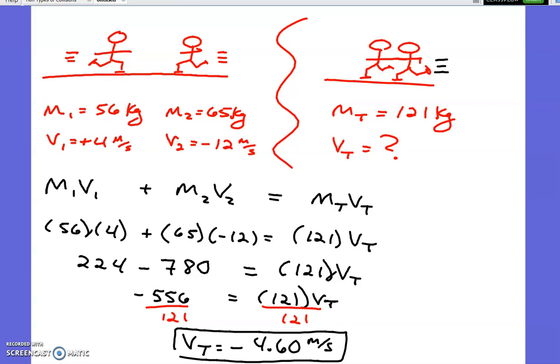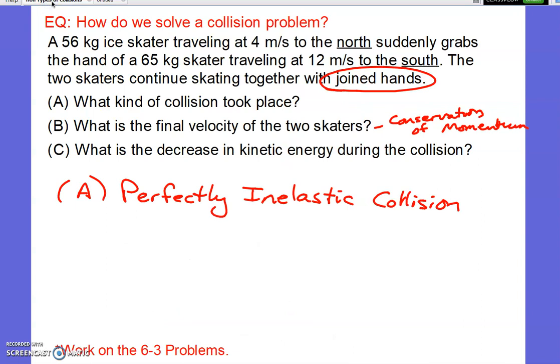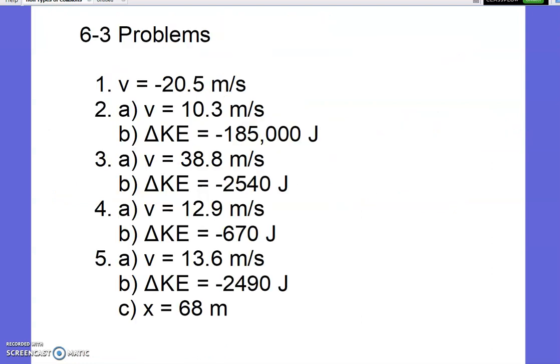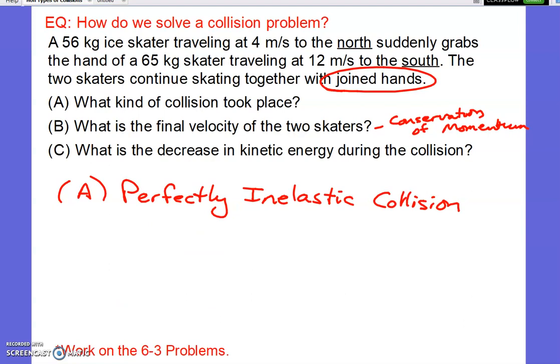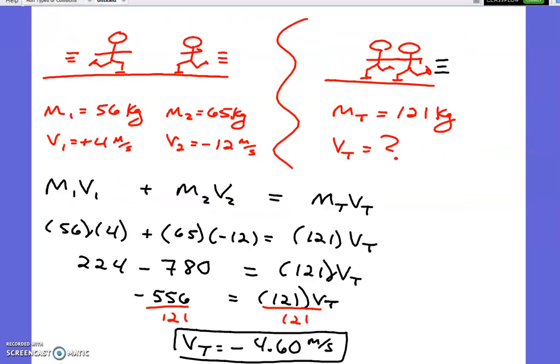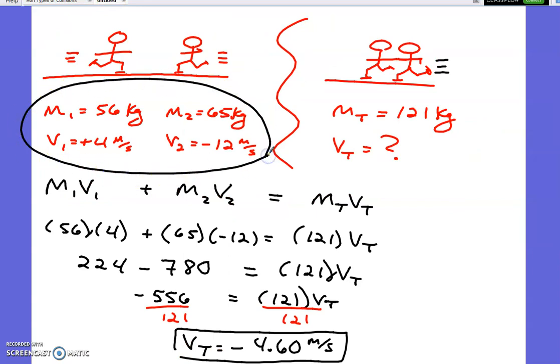Now in part C, what we need to do is find what is the decrease in kinetic energy during the collision. So what we're going to do is find the kinetic energy to start, and the kinetic energy at the end, and then figure out what is that decrease in kinetic energy.